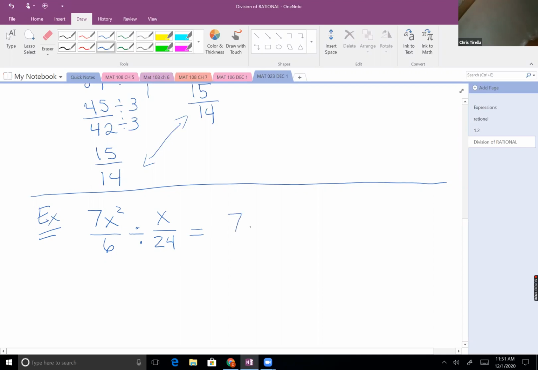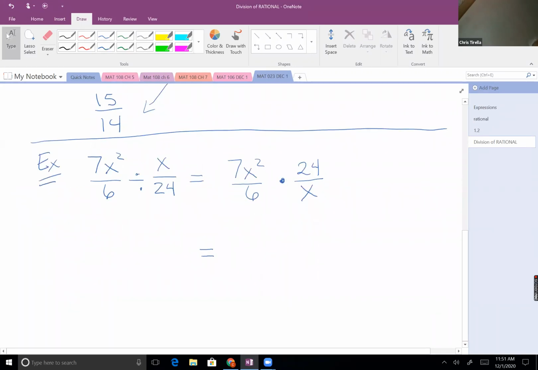The first fraction I keep, it stays the same. I change the division to multiplication, and I take the reciprocal of the second, and now it's a matter of personal preference whether you multiply across or divide out common factors.